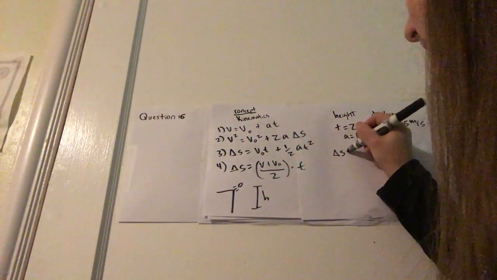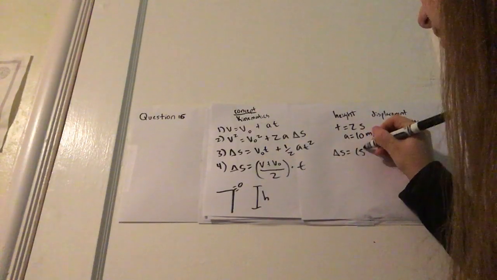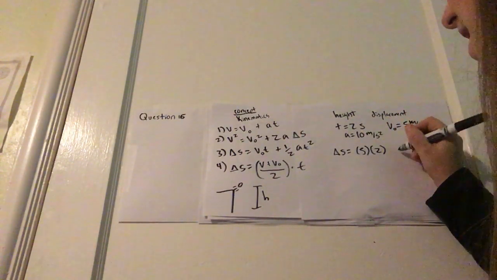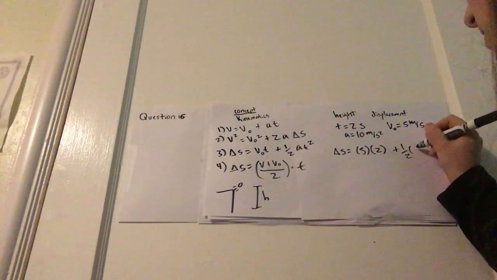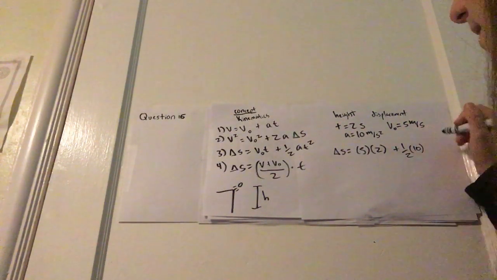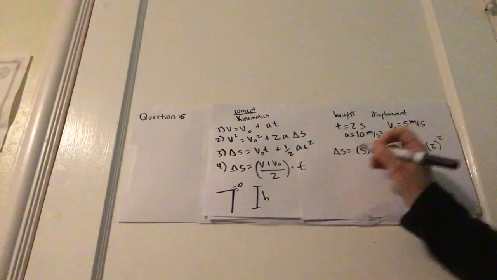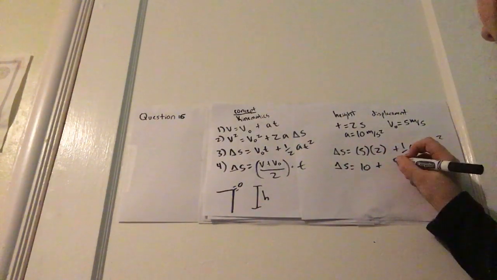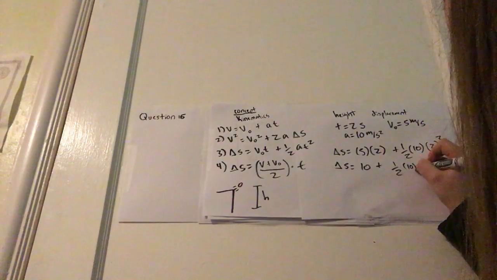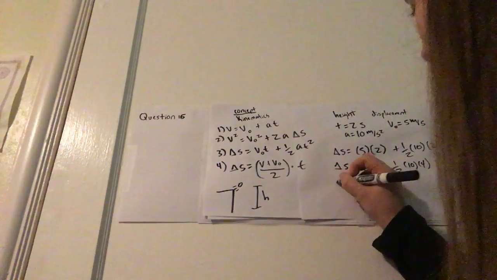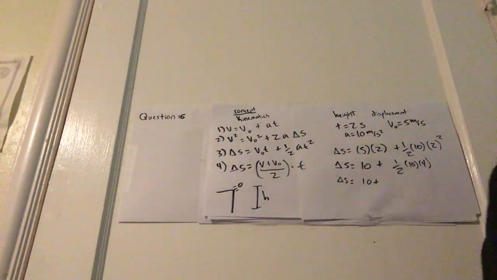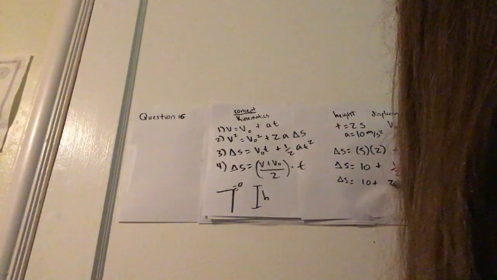Delta s is equal to the initial velocity, which is 5, times the time, 2 seconds because they give us that, and then plus 1/2 times the acceleration, 10, times 2 squared. Okay, so delta s equals 10 plus 1/2 times 10 times 4. Delta s is equal to 10 plus 10 times 4 is 40, divided by 2 is 20.